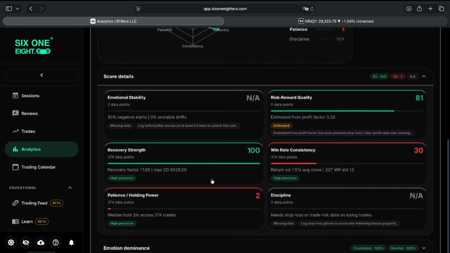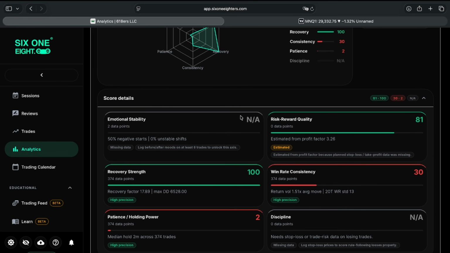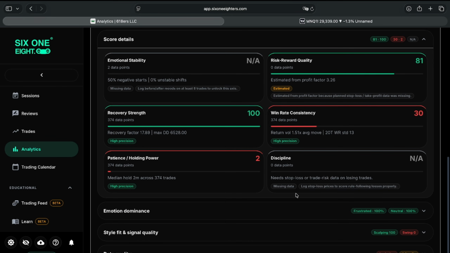And of course we also got some data here. For example, I haven't logged enough emotional data, so we need more emotional data. It needs to be linked to certain traits, so you can see what is actually working really well. Then you can figure out that maybe there are some parts of my trading which I need to adapt in my strategy and discipline.